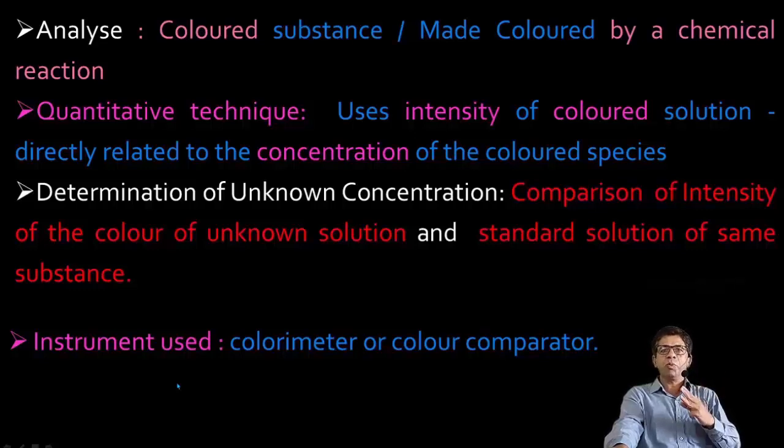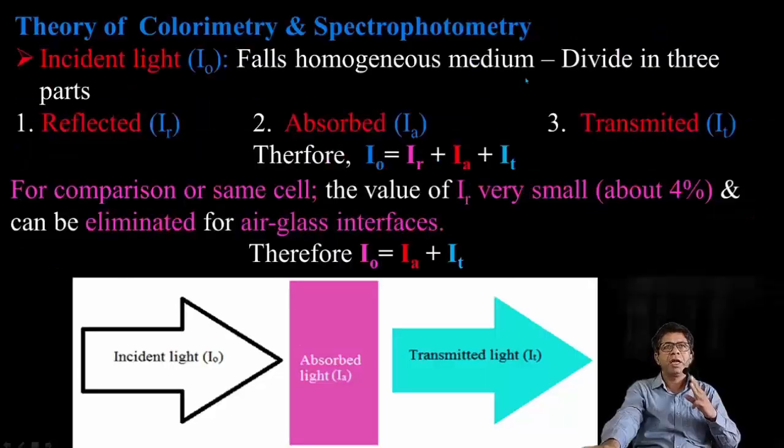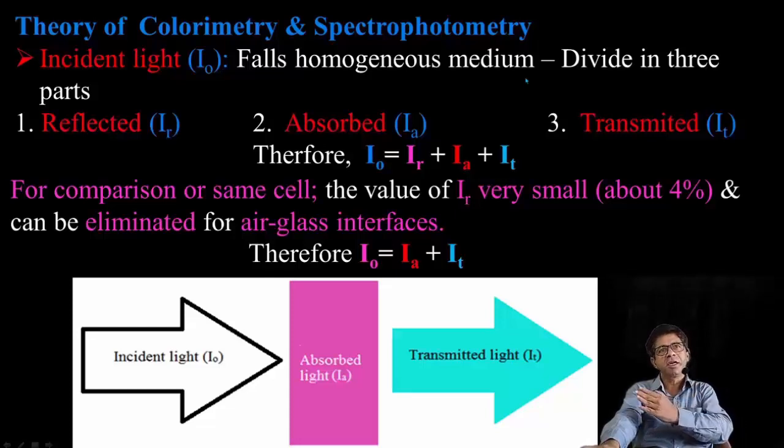The spectrophotometer is used in UV as well as visible region, that is from 185 to 800 nanometer, for very accurate measurements. When the light falls on any homogeneous medium, it is divided in three parts. Some light is reflected, some is absorbed, and remaining is transmitted.